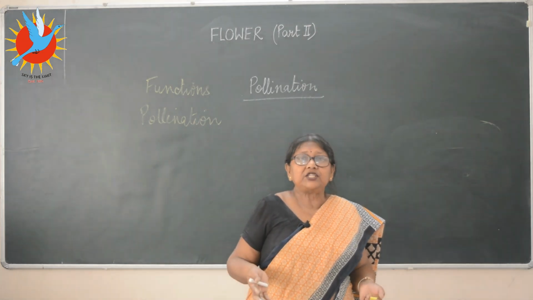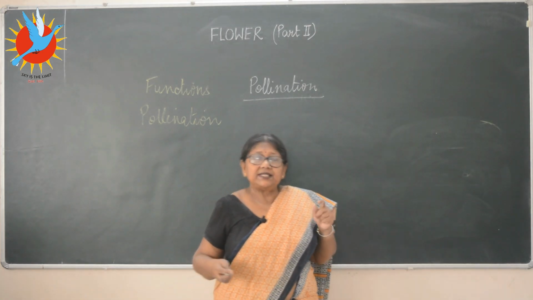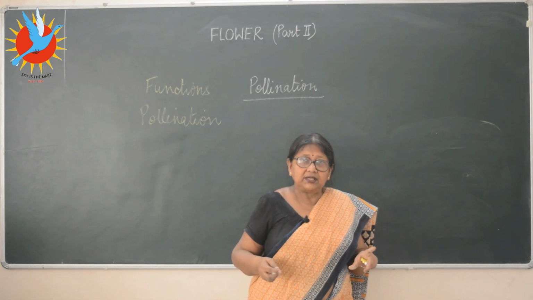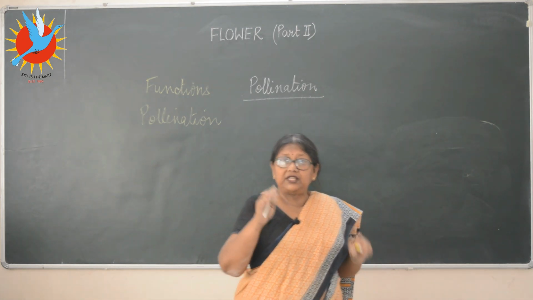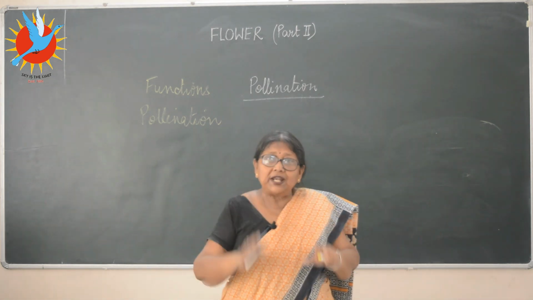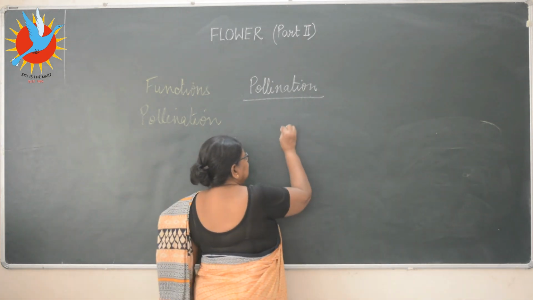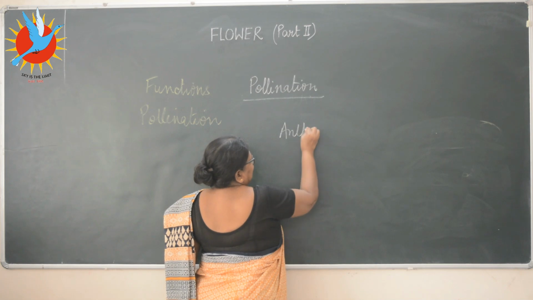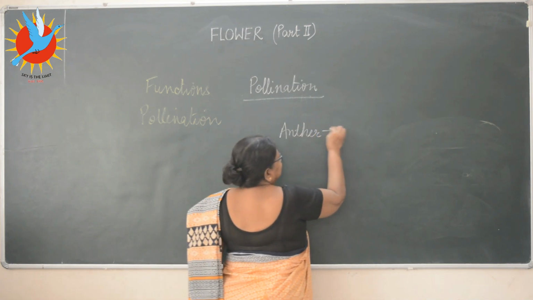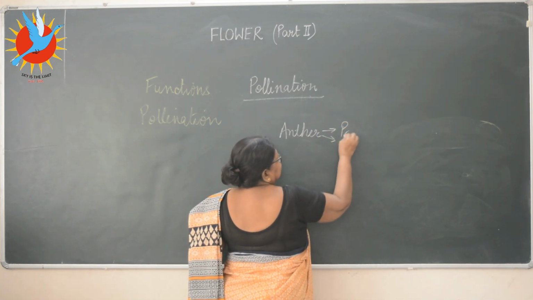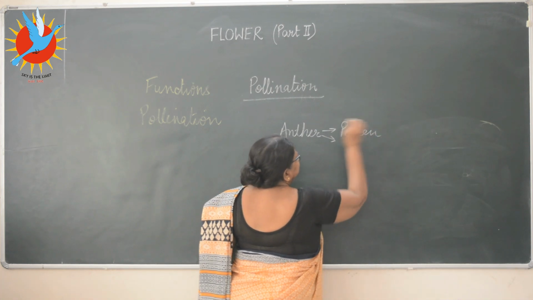Which function is the pollination? It is the process by which, listen very carefully, the pollen grains are transferred. Where are the pollen grains produced? In the anther. Anther produces the pollen grains. In short, we call them pollen.